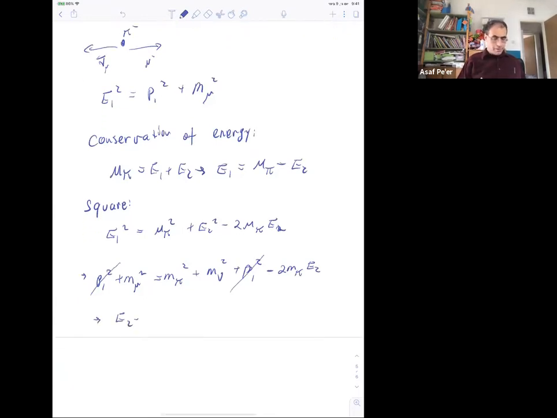So E2 is just m_pion squared plus m_neutrino squared minus m_muon squared, divided by 2 m_pion.